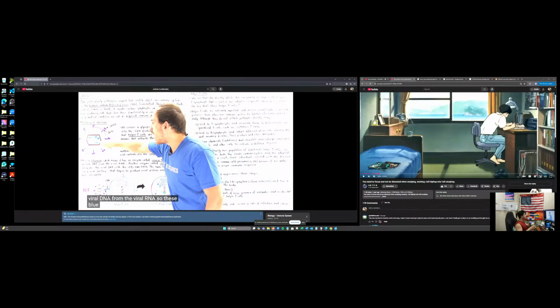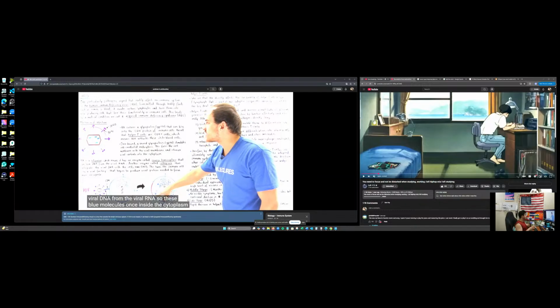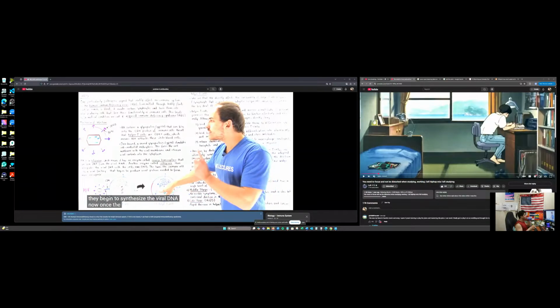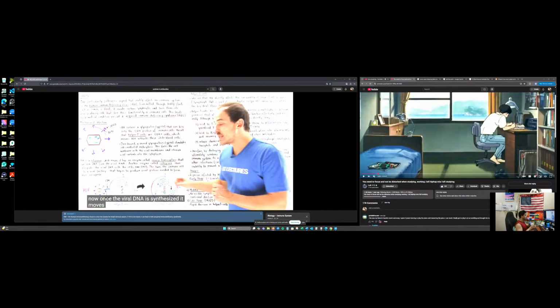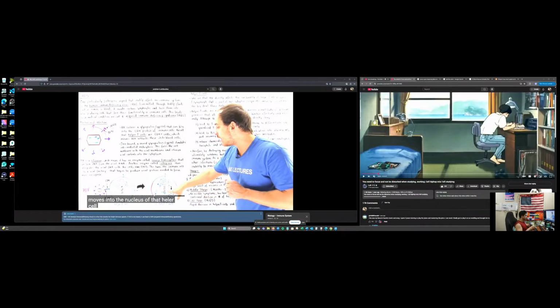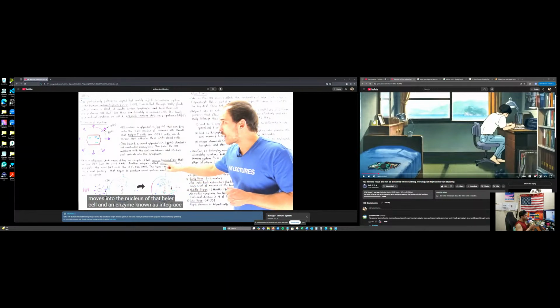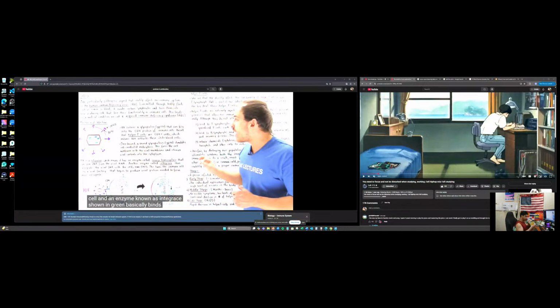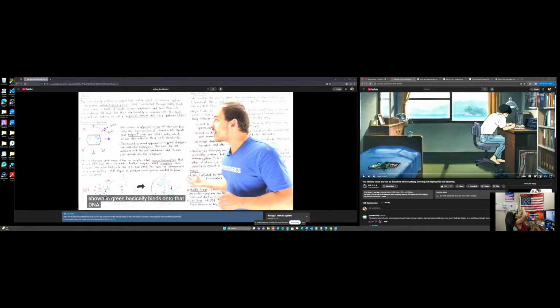So these blue molecules, once inside the cytoplasm, attach to the red RNA molecules, and they begin to synthesize the viral DNA. Now, once the viral DNA is synthesized, it moves into the nucleus of that helper T cell, and an enzyme known as integrase, shown in green, basically binds onto the DNA of that cell.